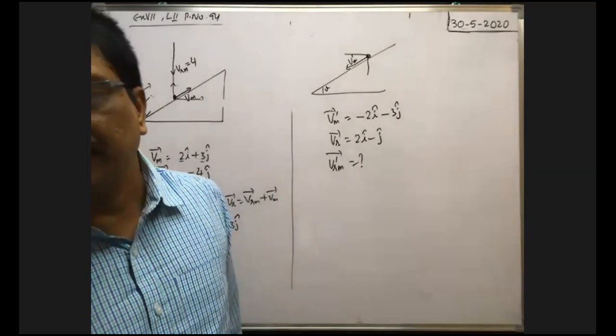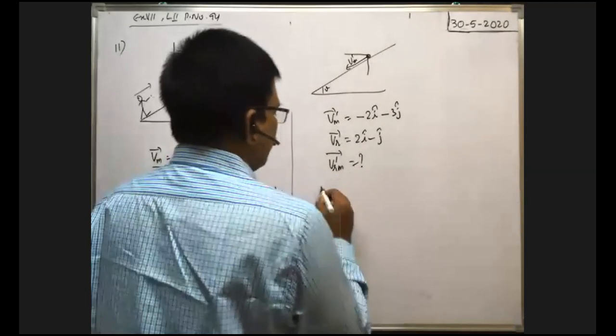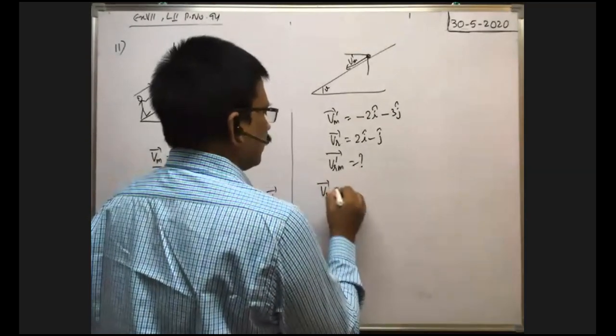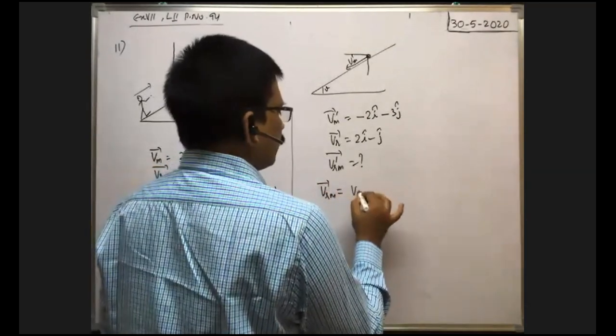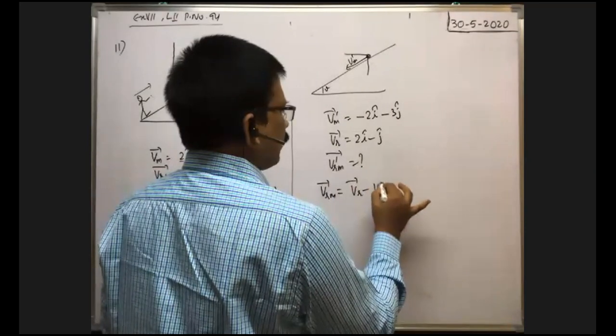Now Vrm dash bar is equal to Vr bar minus Vm dash bar.